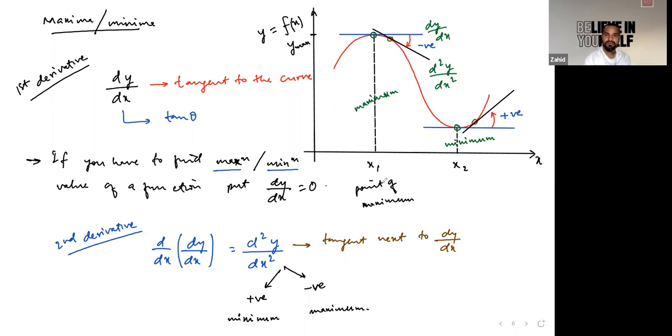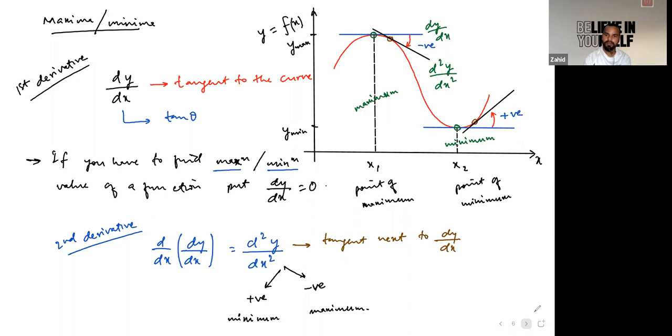On putting the value x1 in the expression of y, you will get y maximum. But for this part, it will define the point of minimum value of y at x equals x2. So if you put the value x2 in the expression of y, you will get this value of y. Is it clear now?